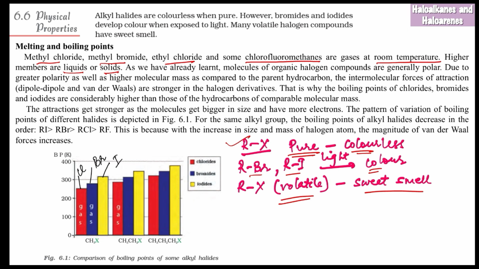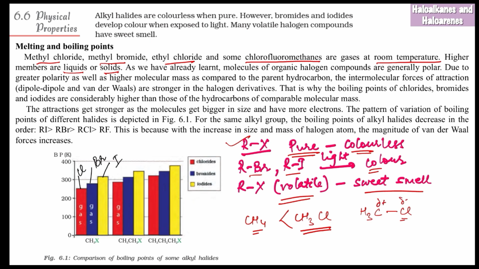Now as compared to the alkane, suppose methane and methyl chloride. In comparison to methane, the molecular mass of methyl chloride will be higher. In methyl chloride, there is a bond polarity because the carbon-chlorine bond, due to the greater electronegativity of the chlorine atom, develops a polarity.